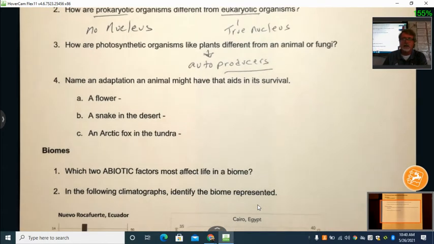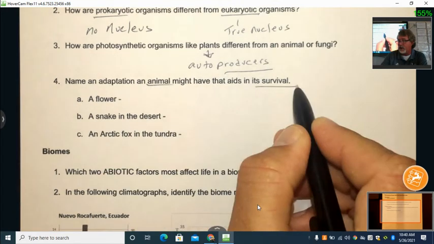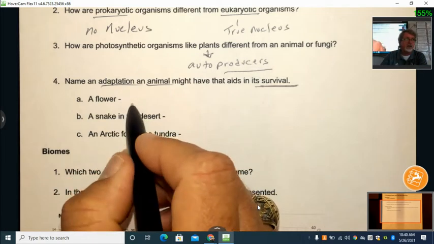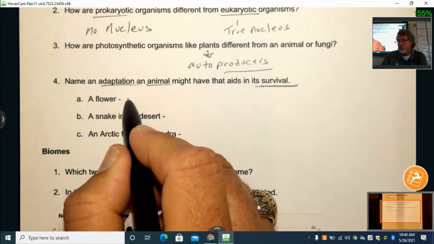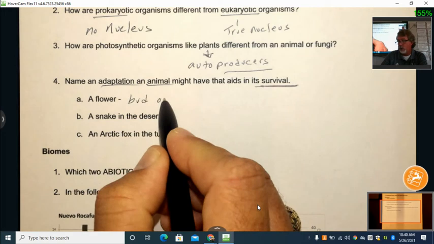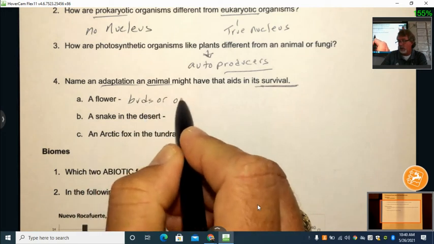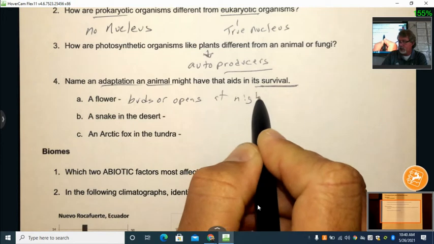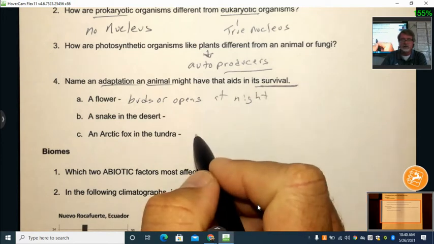Name an adaptation. Gosh, there's a lot of adaptations, but remember, an adaptation helps it survive. Okay, adaptations help it survive. So, for example, one we saw in the video of the flower was it buds or opens at night so that the desert heat doesn't kill it.